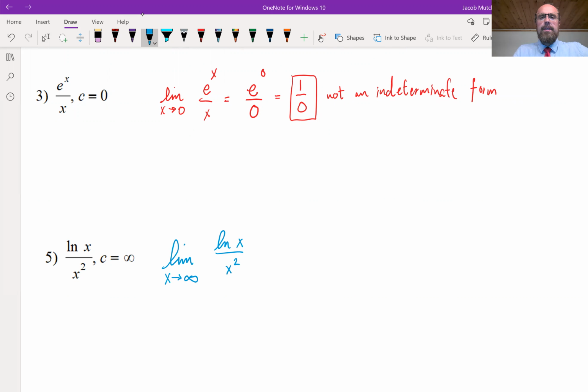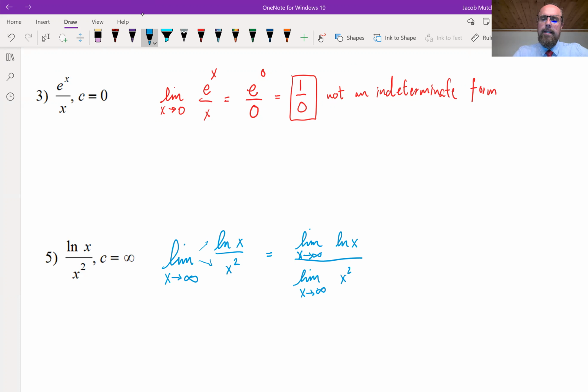And direct substitution, again, we don't really have access to doing that with infinity, but we could write this as a distribution of the limit to the numerator and the denominator. So the limit as x approaches infinity of natural log of x over the limit as x approaches infinity of x squared. And then we can consider those two components separately.